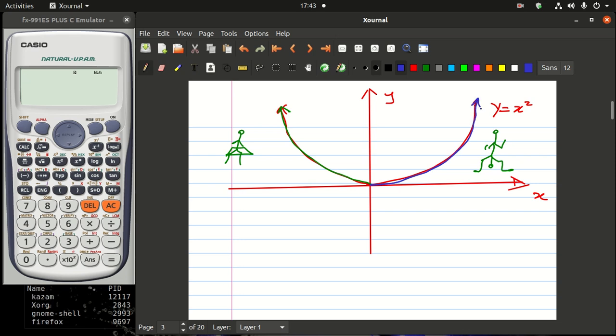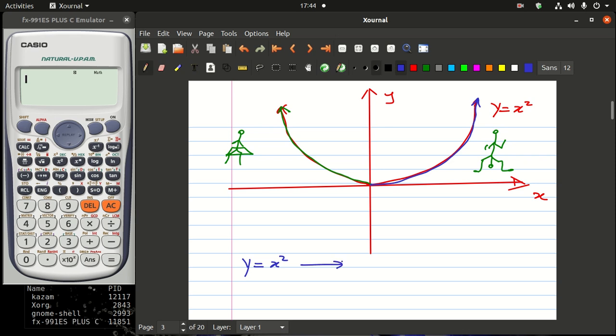So whenever you have a function of this kind, such that whenever you are taking its reflection along the y-axis, you still get the same function, or one piece of that function can be found by reflecting the other piece along the y-axis, such functions are called even functions, because now I have y is equal to x squared.